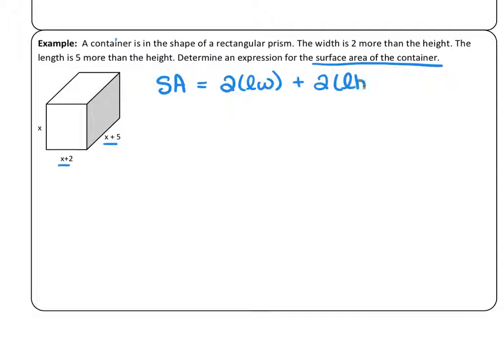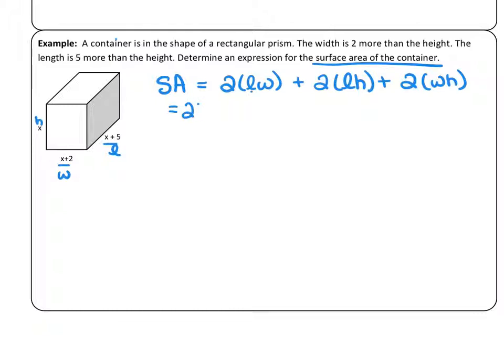plus 2 of the length and the height plus 2 of the width and height. Okay, so what we're going to do is, if this is our length, this is our width, and this is our height, we're going to sub those in for our letters L, W, and H. So here's what happens.